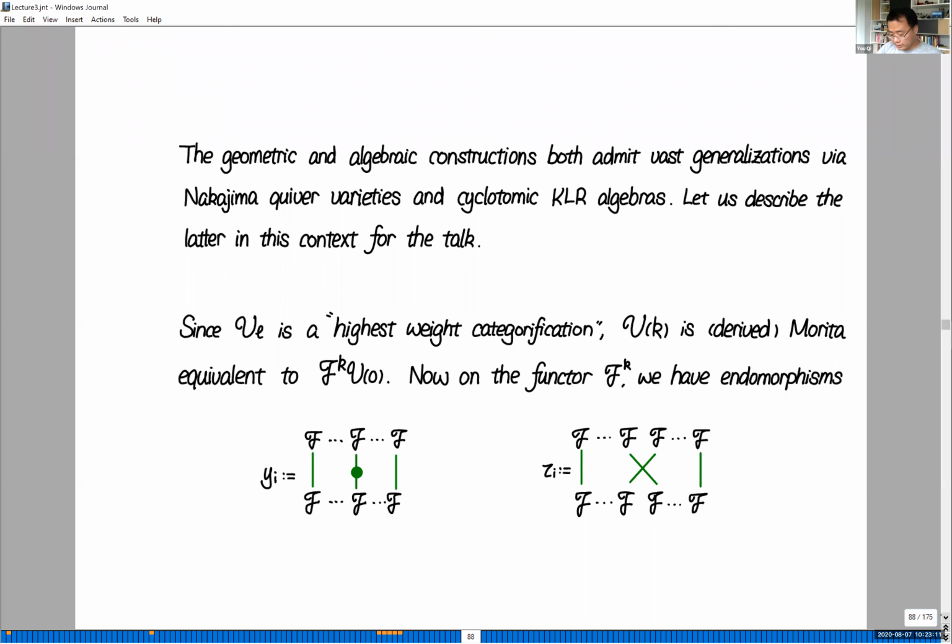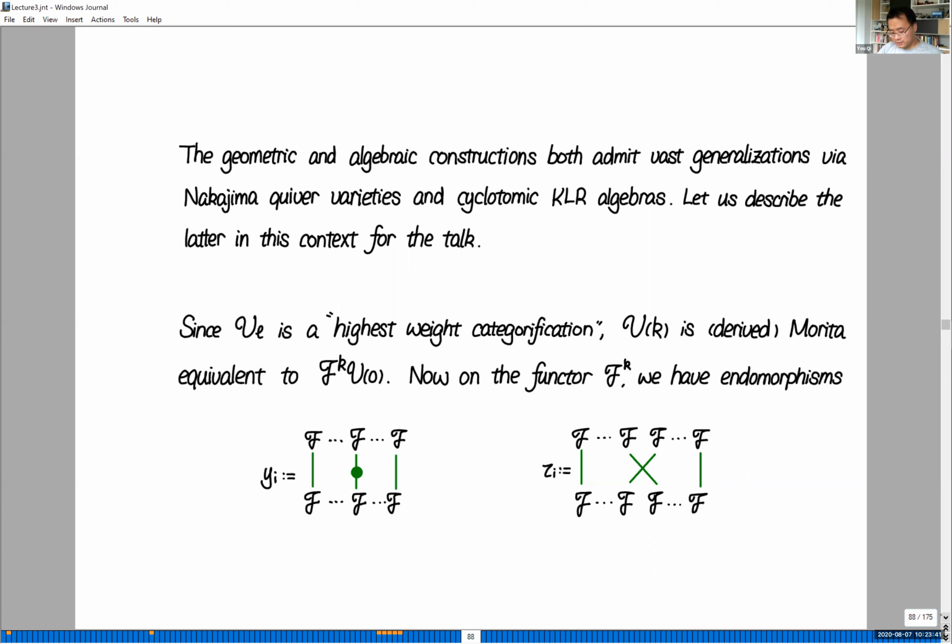On this category we now have two morphisms in the categorification, things acting on these functors. We have introduced multiplication by a dot and the crossings on F to the kth power. What's F to the kth power? Starting from a point, that's just a K-step partial flag variety in L-space.